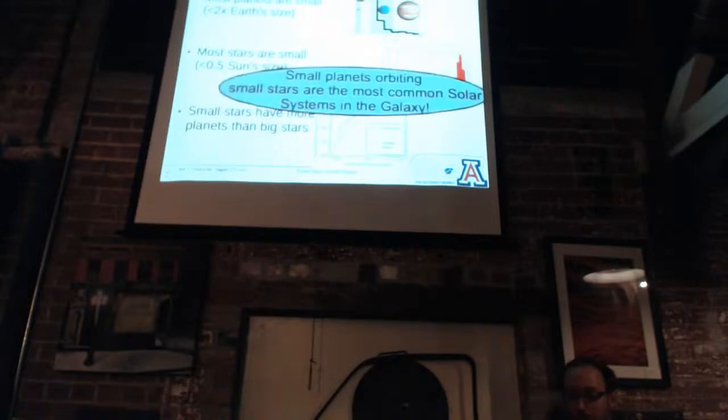So these small planets orbiting small stars are the most common types of solar systems in the galaxy. We thought that because we live on the Earth, in the solar system, everything must be like the Earth and the solar system. But it's not true. We are really atypical, if only because our planet orbits a hot, yellow star like the sun. Most planets don't. Question?